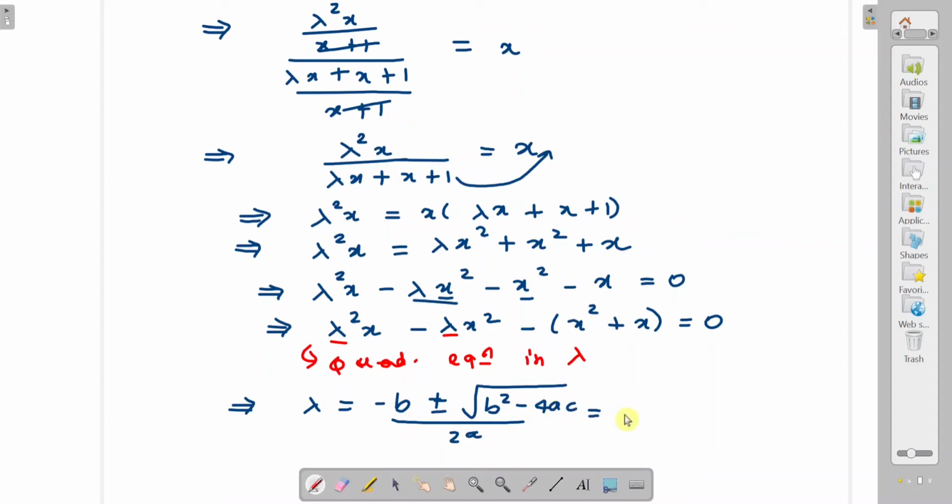So this will be equal to minus, the b is minus x² here, right? Minus b is minus of minus x², plus or minus root of b², so that is minus x² the whole square, right? Then minus 4ac. So we have to write that, let us increase the size of this square root.